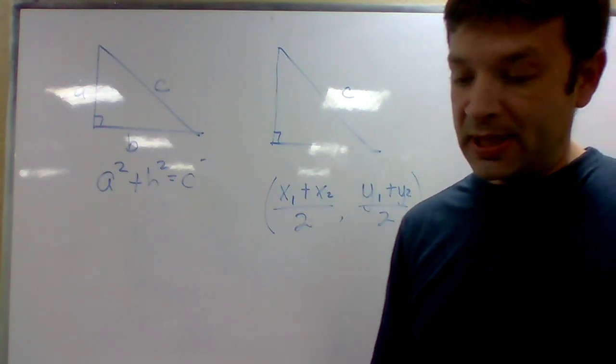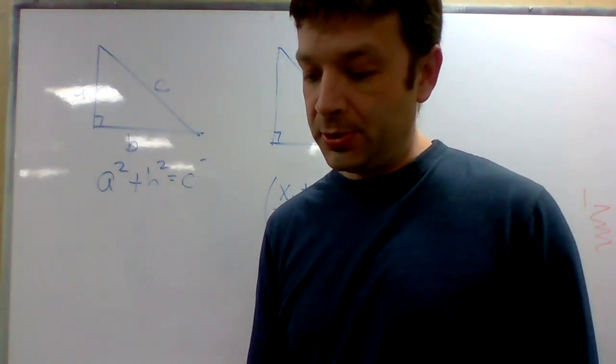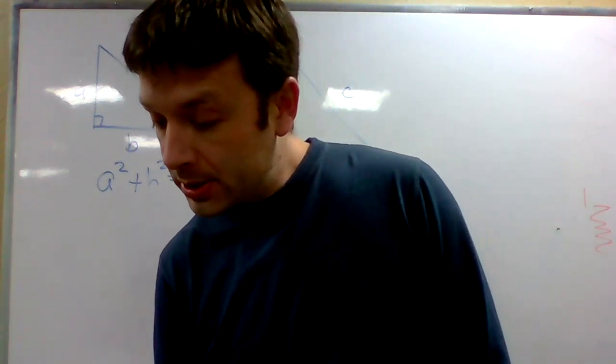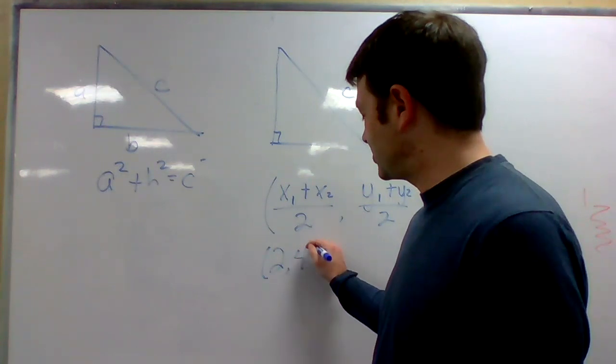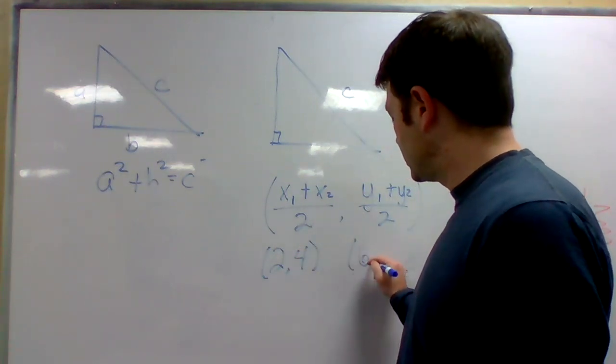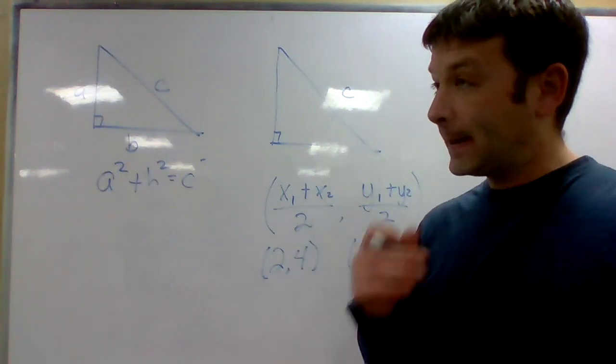Okay, so on number 17, it says 2, 4, and 6, 6. 2, 4 is the first point. 6, 6 is the second point.